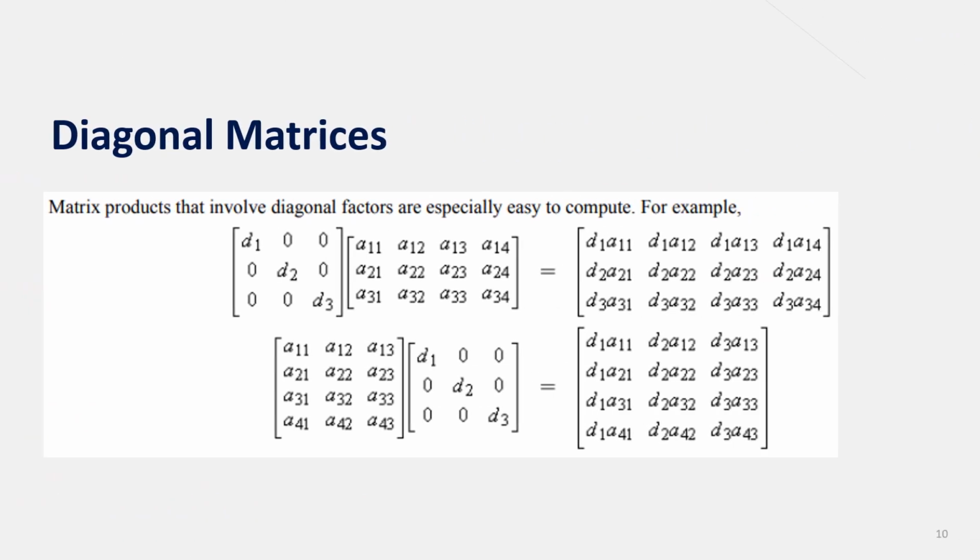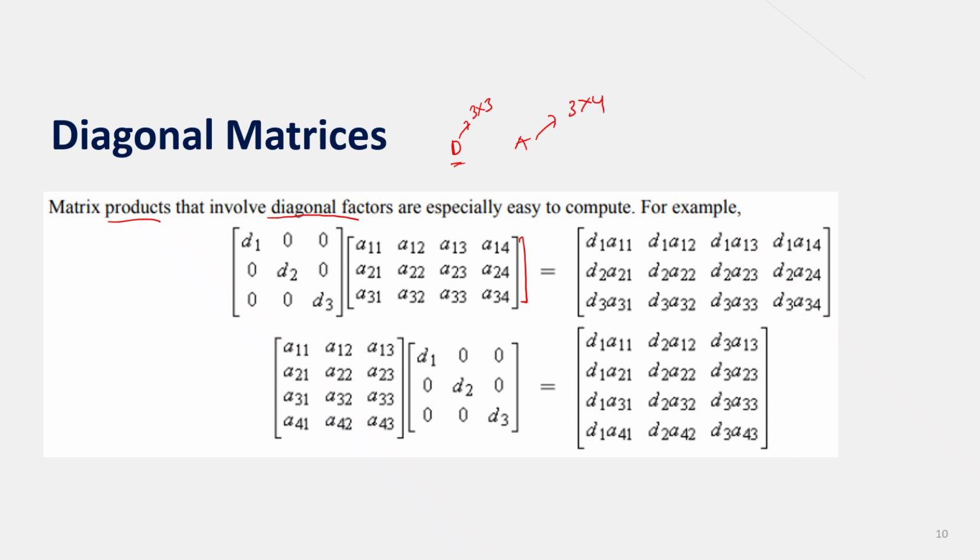One special property of a diagonal matrix is that it is also easy to compute the product of a diagonal matrix with another matrix. For example, here we have a diagonal matrix D, and a matrix A. The diagonal matrix D is a 3 by 3 matrix, and A is a 3 by 4 matrix.